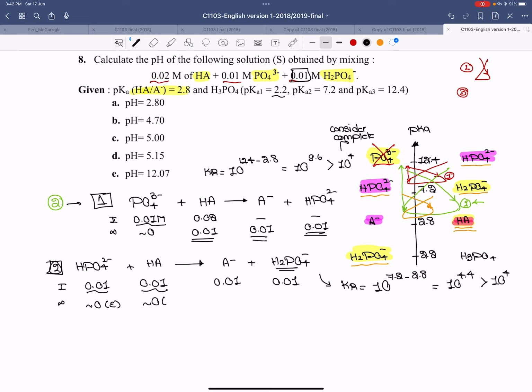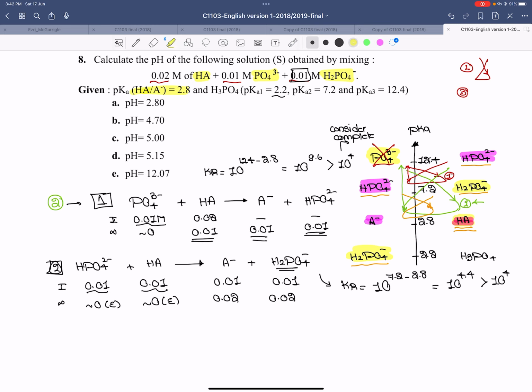Approximately 0, again, an epsilon value. 0.01 plus 0.01, which is 0.02, 0.02. What you have in your solution now is basically A minus and H2PO4 minus. Look at the positions. Let's go back to the colors.